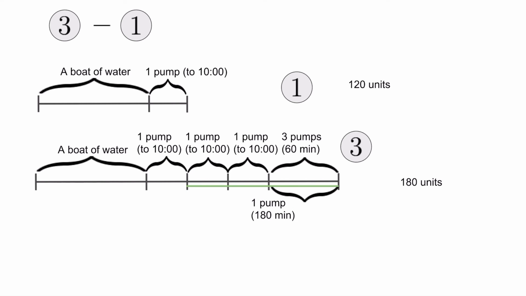This green line segment represents the difference between the two. 2 pumps operating from when the leak was discovered to 10 o'clock, plus 1 pump operating for 180 minutes, will be equal to 60 units of water. Again, 60 comes from subtracting 120 from 180.